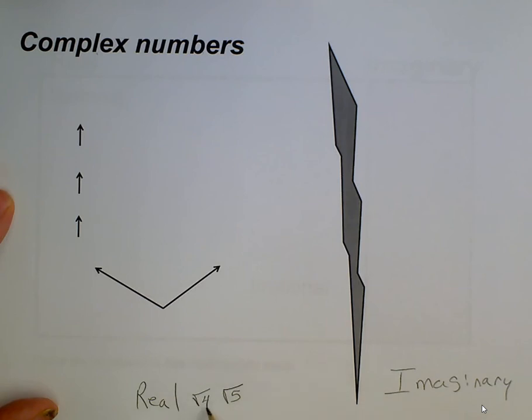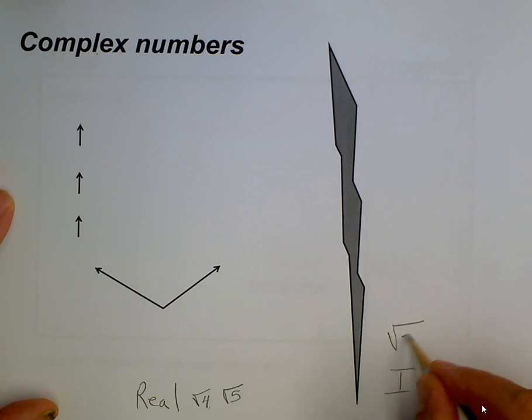Because 2 times 2 is 4, right here, maybe it's 2.1 something times 2.1 something, that is 5. It's not exactly 2.1, but there is a number that if you multiply it by itself, gives you the square root of 5.